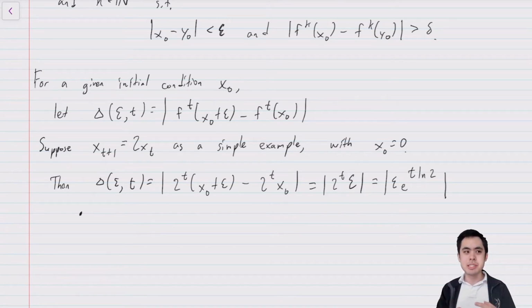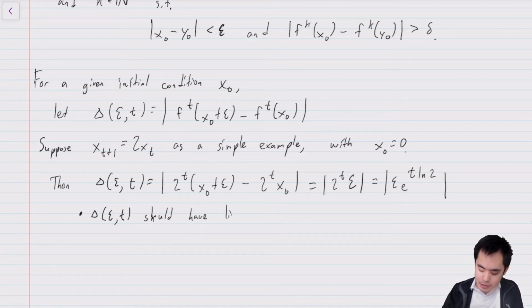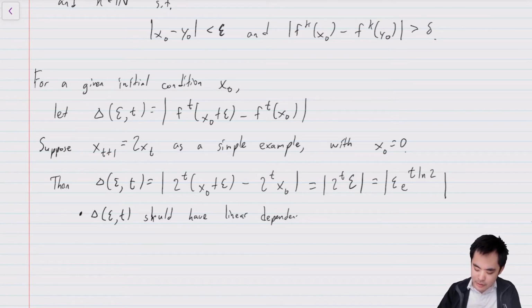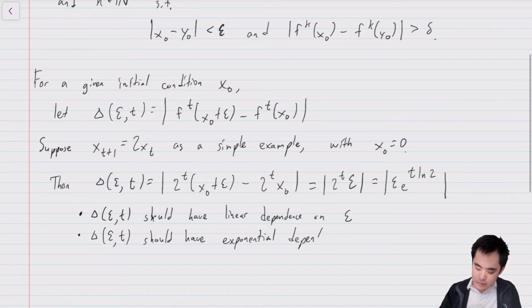This is a very simple example, and it captures the behavior that we want to be measuring. What we want is that delta of epsilon comma t should have linear dependence on the starting distance, linear dependence on epsilon, and it should have exponential dependence on the number of steps, exponential dependence on t.